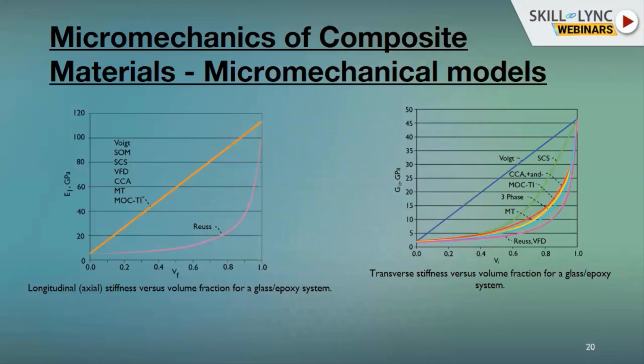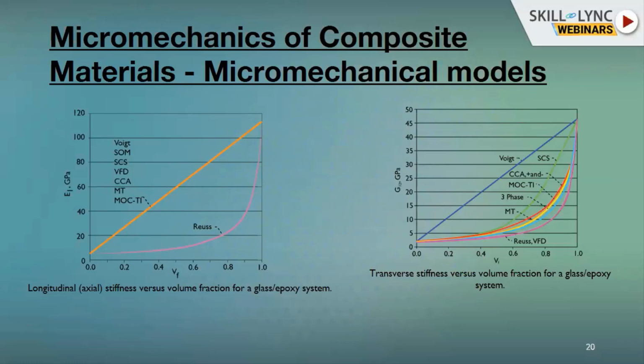Here you can see the left hand side image shows the variation of longitudinal stiffness for varying volume fraction in a glass epoxy system, whereas on the right hand side you can see the variation of transverse stiffness for varying volume fraction of a glass epoxy system.